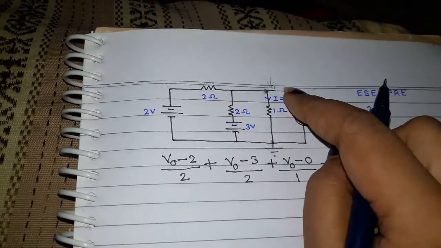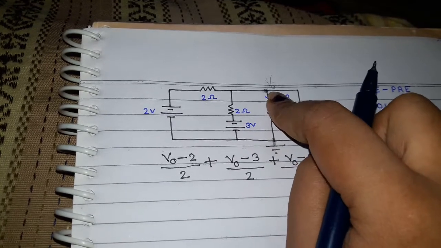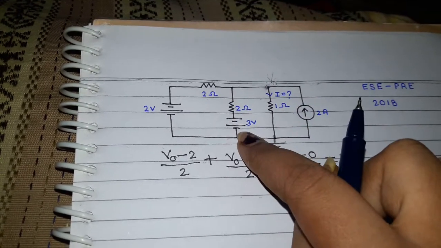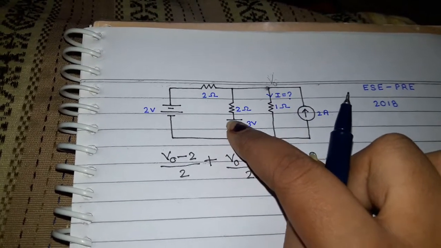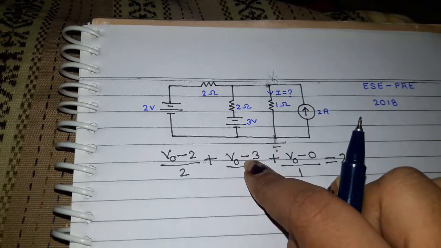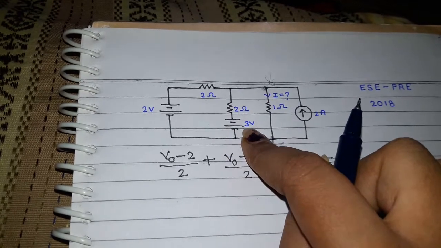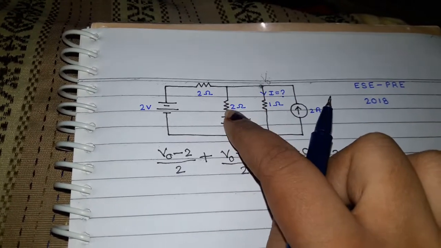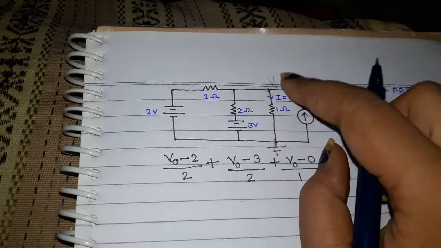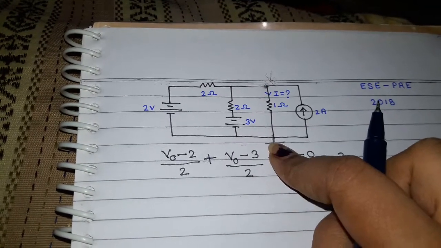Then you walk from this reference node to this particular voltage source. You are meeting a positive terminal again, so again you put a minus sign, V naught minus this voltage source. And the resistance you are meeting is 2 ohm, and then you go this way, this branch.